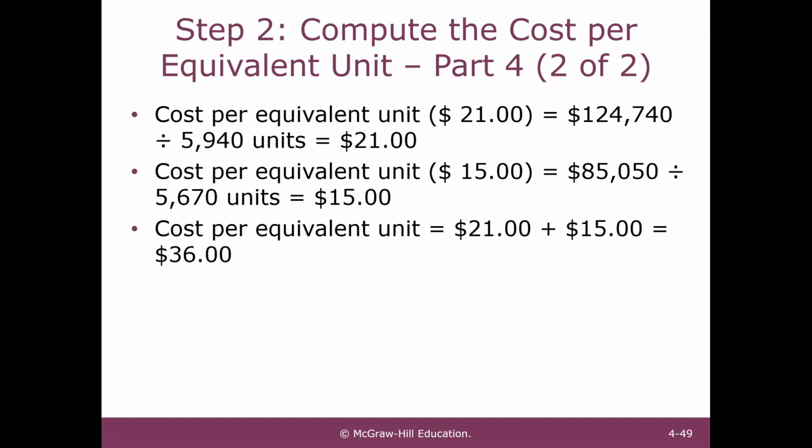Take the $85.50, the total cost, and divide it by 5670 units. You get $15. Now this is your equivalent unit cost for materials and your equivalent unit cost for conversion. Add those two together and you get a total equivalent unit cost of $36 per unit.